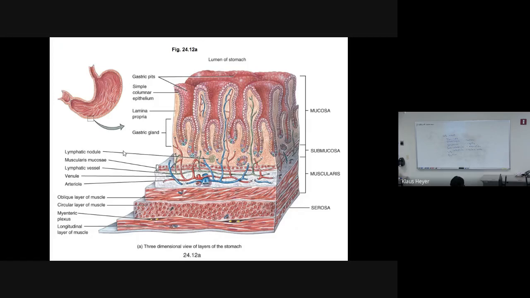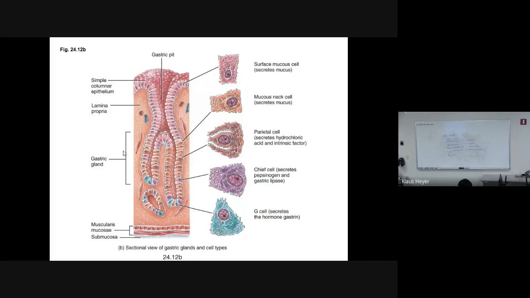And then we talked about the different types of cells. I think that was on the next slide. The mucus cells. So the first two I was putting together, they're both mucus cells that secrete mucus. And then the parietal cells are going to secrete the acid, hydrochloric acid.